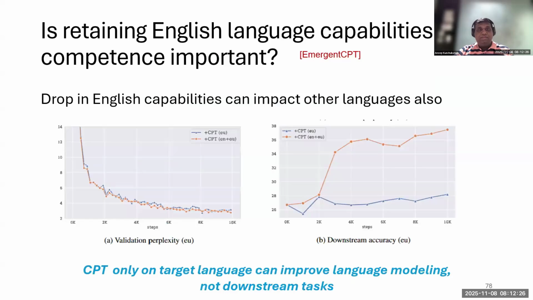Here we can see that if English performance drops, then there is a performance drop in the other language that you're fine tuning for when it comes to downstream tasks. When it comes to your language modeling quality as captured by perplexity, the new language still does well because you're fine tuning for that particular language, but downstream tasks certainly suffer. And therefore, it is important that we retain English performance.